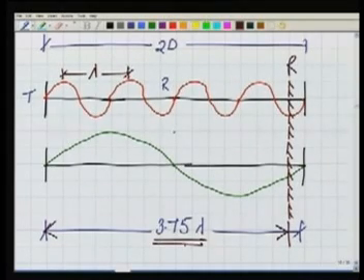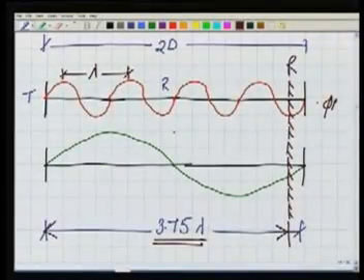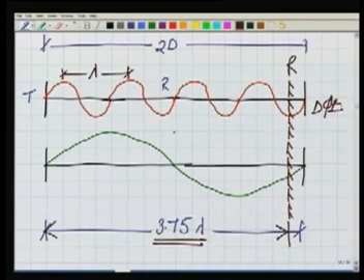I am trying to explain how to measure m. If it is so, the phase difference delta phi will be measured as 0.75.